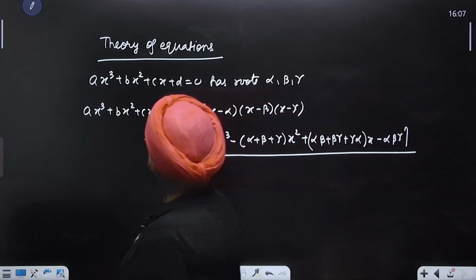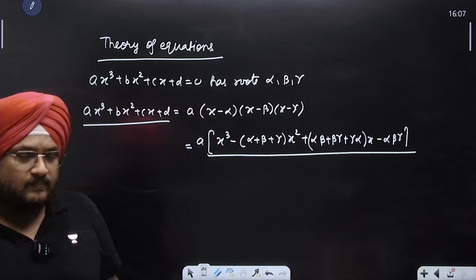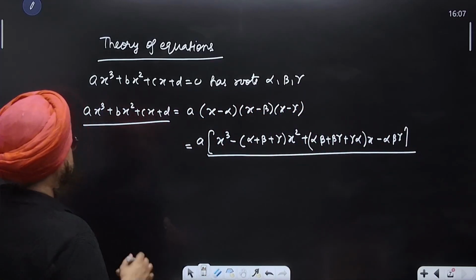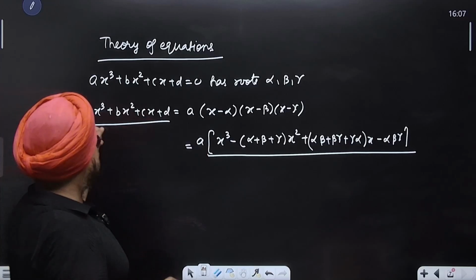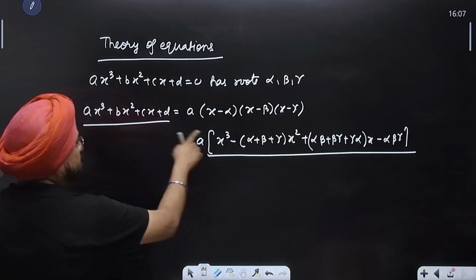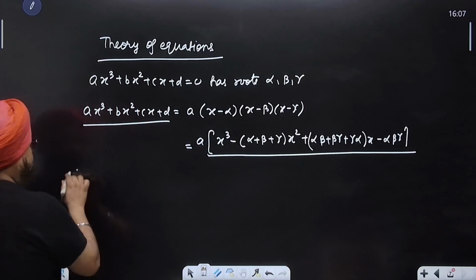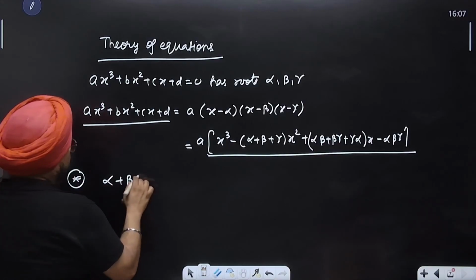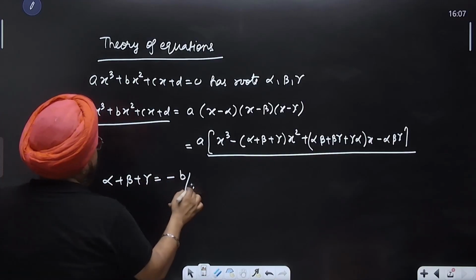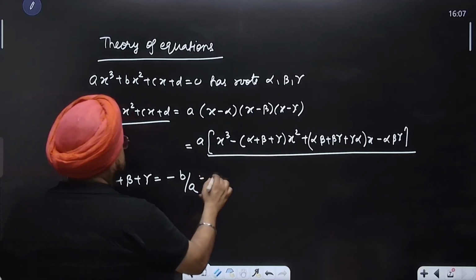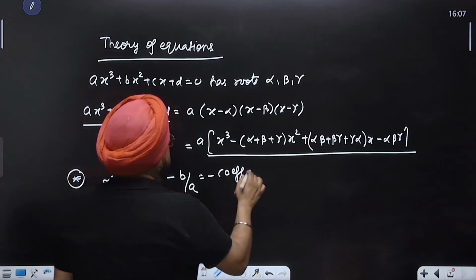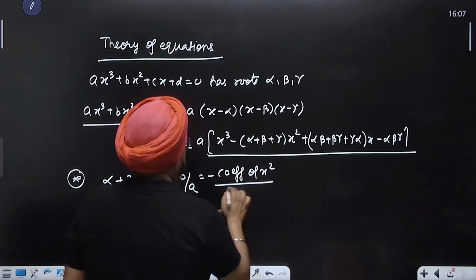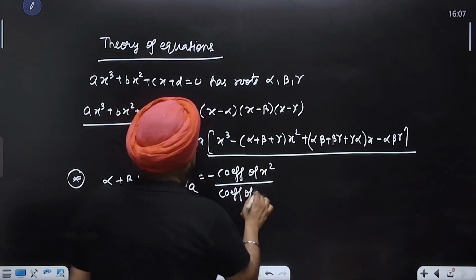Now, the right hand side and left hand side are both equal, so we can compare the coefficients. The coefficient of x cube is the same. So comparing the coefficient of x square, I get alpha plus beta plus gamma is minus b by a, which is minus the coefficient of x square upon the coefficient of x cube.